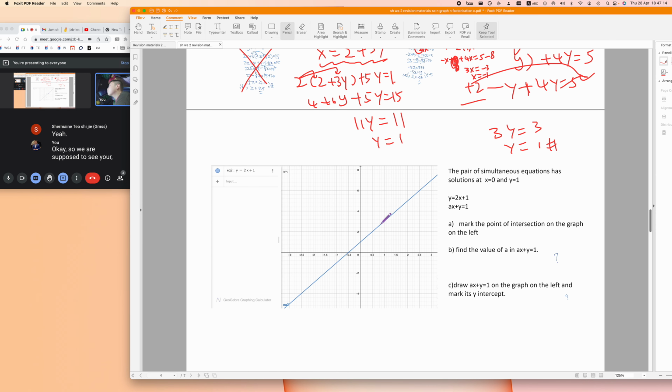Let's go to the graph question first before we look at your graph. Over here it shows this is the equation, y equals 2x plus 1. They say the pair of simultaneous equations has solutions at x equals 0, y equals 1. So where is this point in the graph?